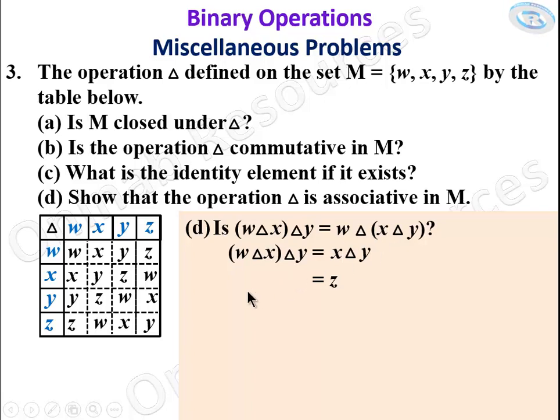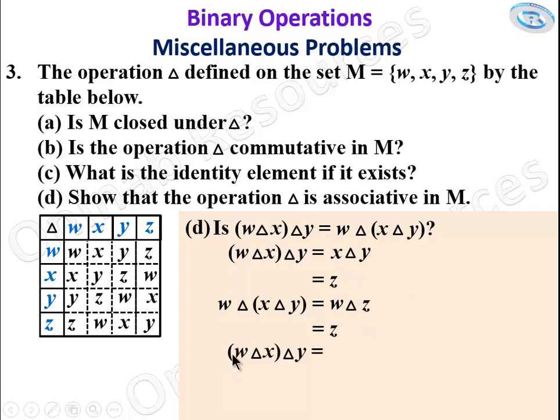Then the right hand side, W operation open bracket X operation Y. X operation Y is going to give us a Z. So W operation Z will then give us a Z. So we can see now that the left hand side is equal to the right hand side.